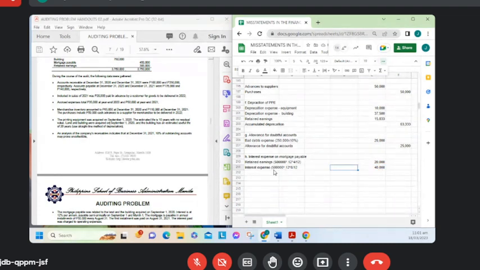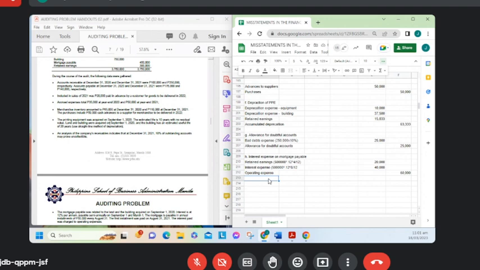So 40,000 pesos. No? So sabi dito, the interest paid was charged to operating expenses. So ililipat lang natin siya, no? To interest expense. So we will be crediting operating expenses amounting to 60,000 pesos.